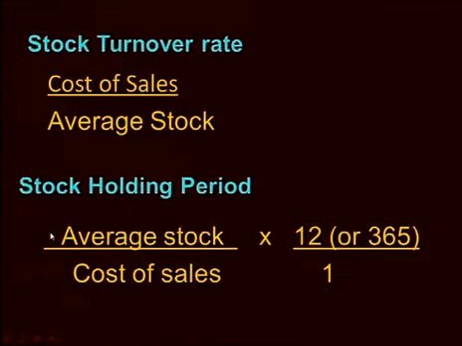You take the average stock and you divide that by the cost of sales. But this time, you multiply it with 12 or with 365. If the question doesn't say whether you should work it out in months or in days, then you can choose either. But if it specifically says work it out per month, then you take 12. And if it says per day, then you use 365.